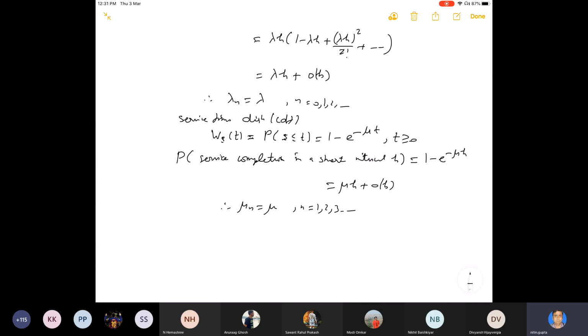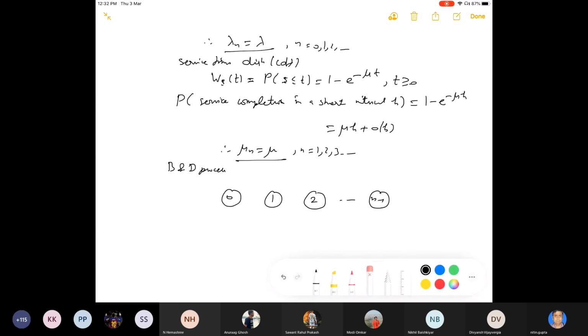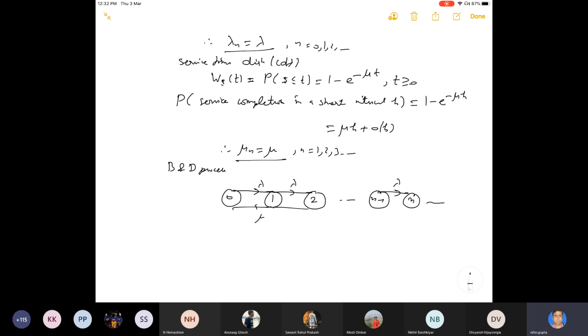So therefore it is clearly a birth and death process with lambda n is lambda, mu n is mu. So the states 0, 1, and so on; the steady state diagram has arrows lambda, lambda, lambda forward and mu, mu, mu backward.